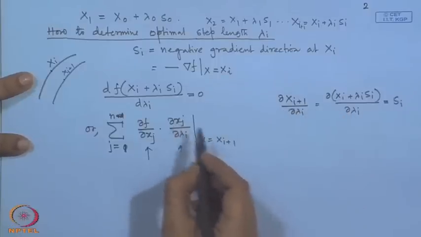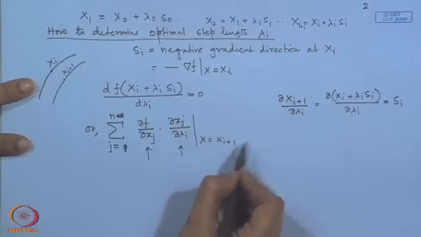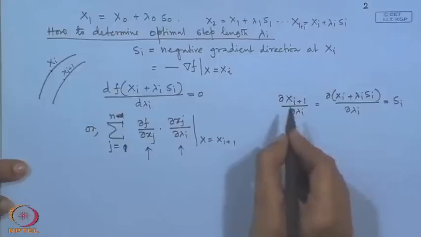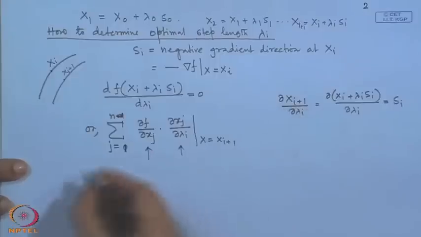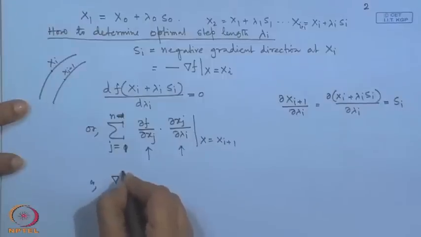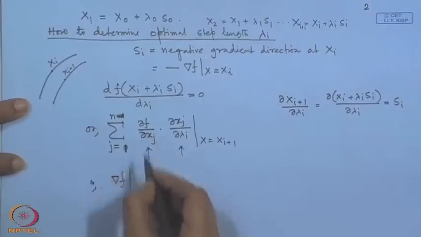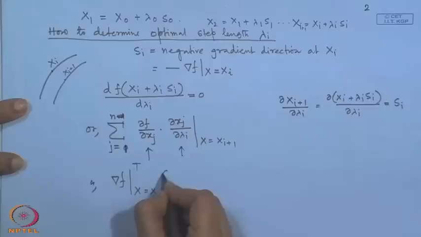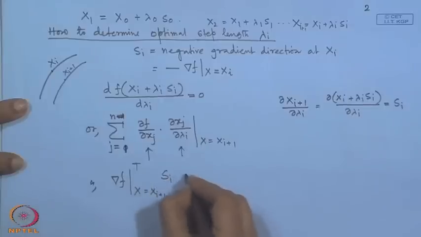We are considering the partial derivative with respect to lambda i at point xi+1. If this is so, from here directly we can write that grad f at point x equal to xi+1 transpose si must be equal to 0. All right.